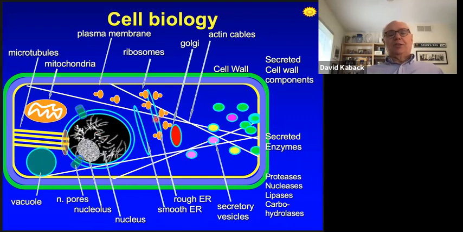And in order for them to secrete proteins, they essentially have signal proteins that enable the ribosomes to land on the ER and secrete proteins into the lumen of the ER.